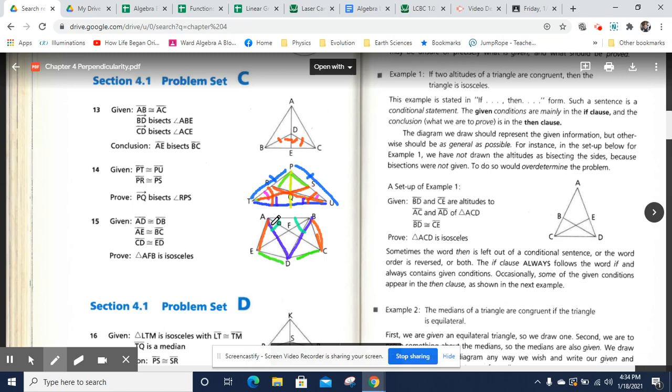Now, if we could then prove that this angle DAC and this angle DBE were congruent, then we could use subtraction to prove that this angle CAD and this angle EBA are congruent.